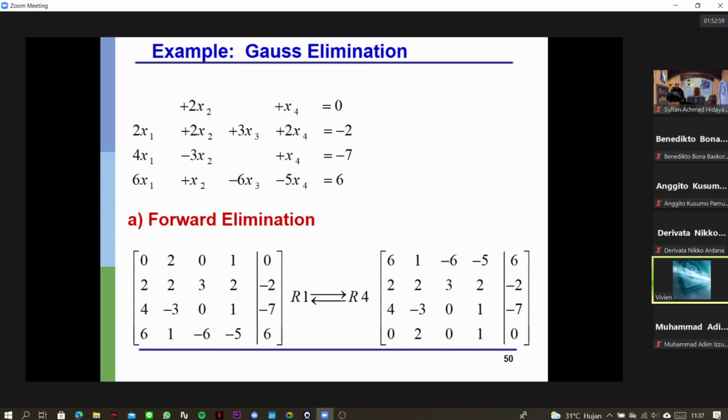The basic steps to make zeros are similar. The other methods that we will discuss next week are based on Gaussian elimination, so please make sure that you understand the process here. Next week we also discuss LU decomposition, which is also similar to Gaussian elimination, so the basis is the same.